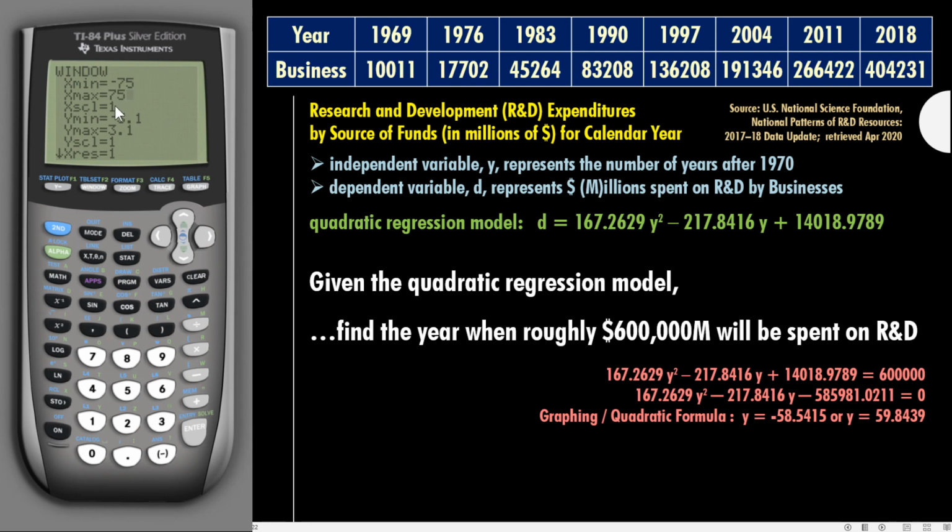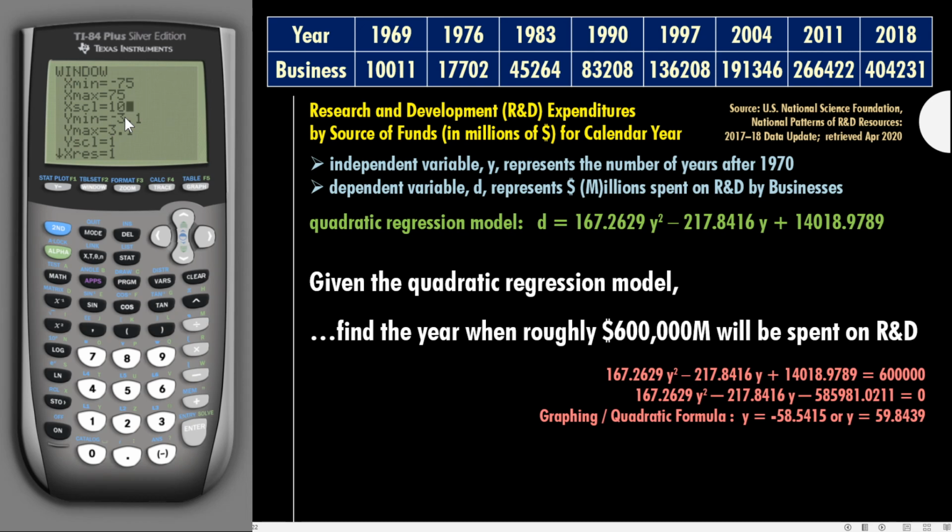Now, the first thing that should come to mind is, why would I be going to the negatives? That's a good point. I expect my answers to be going up, but we're going to re-emphasize a point about graphing parabolas. We'll go on to X scale. We'll just say we'll do this every 10. I have to get to at least, I have a y-intercept that's at least negative 585,000.